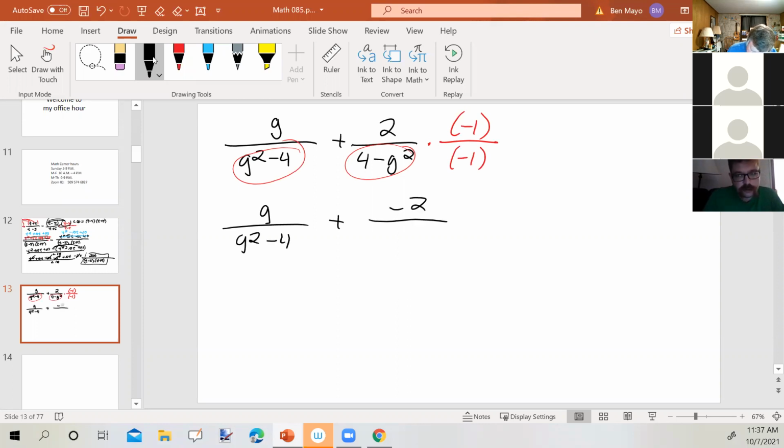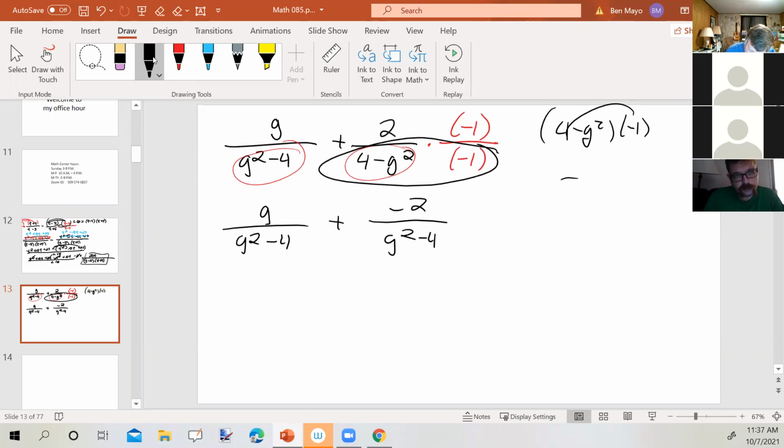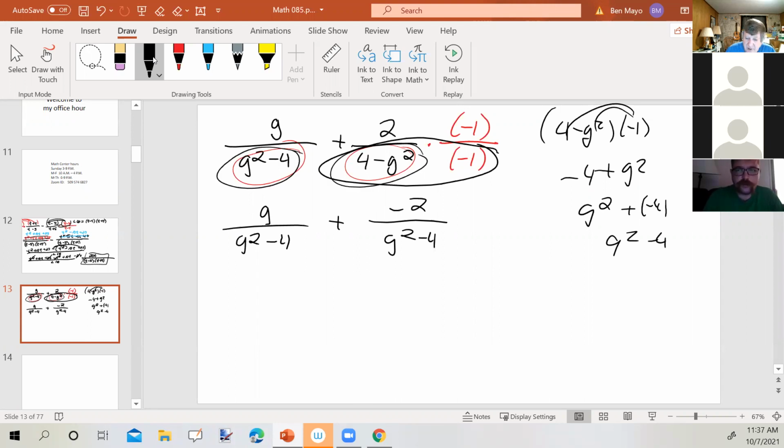If I multiply that together, 4 minus g squared times -1 becomes -4 plus g squared, which is g squared minus 4, because these two denominators are opposites of each other. So by multiplying one of the fractions by -1 over -1, I now have the same denominators.